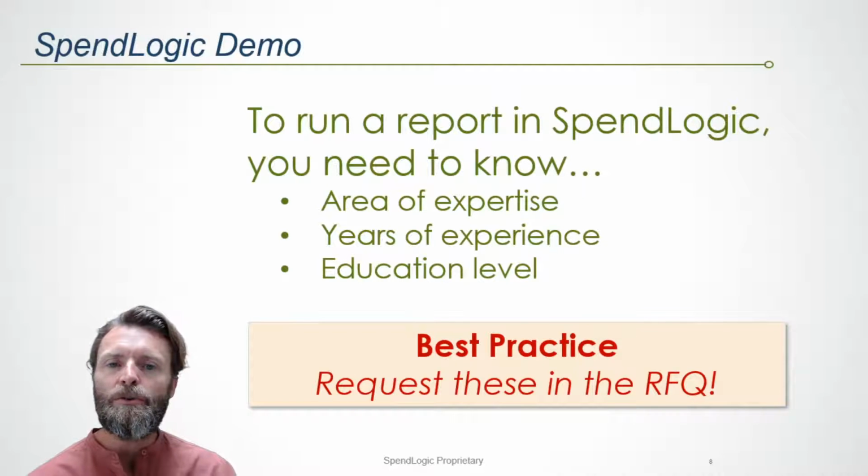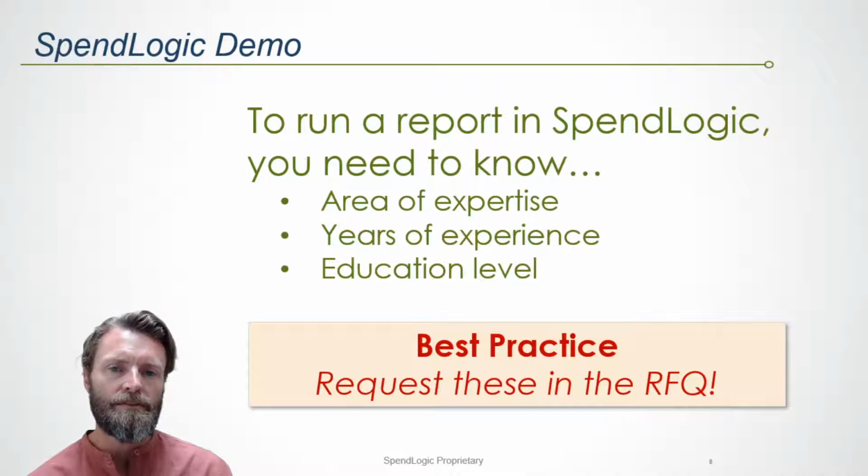So in order to do a price analysis of services, again, rates and factors, however you want to talk about it, there's a couple of things that you're going to need to know first, okay? You're going to need to know their area of expertise, their years of experience, and their education level. So let me talk through each of these.